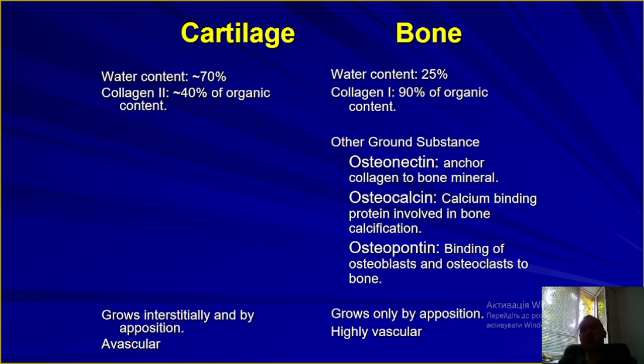So cartilage is a soft tissue and it consists mostly of water, three times more water than bones, and organic components such as cells and matrix.